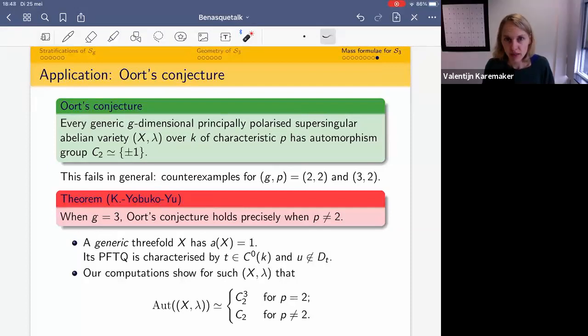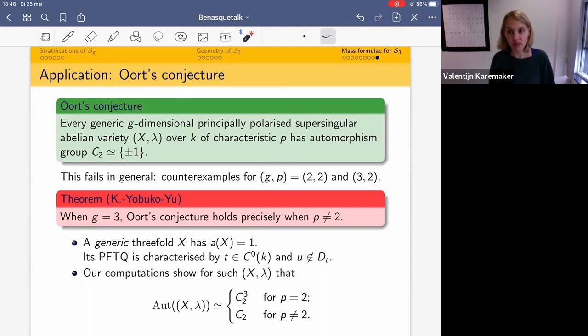It's a step towards it, but it's not good enough yet, I think, because once you know the mass of such a Lambda x, then there is a finite number of possibilities for the cardinalities of the automorphism groups so that these things add up to the right mass. But in order to prove that really certain automorphism groups occur, you need to explicitly construct a variety with this automorphism group.